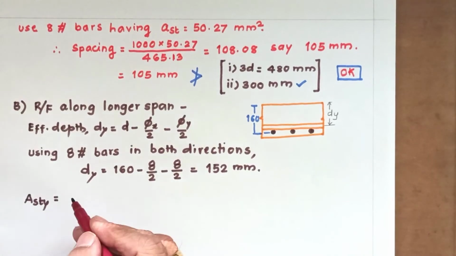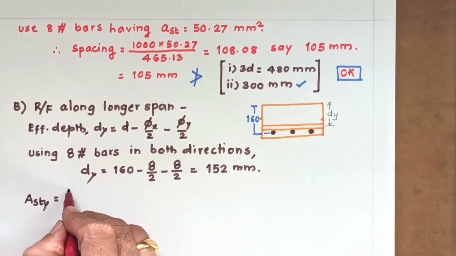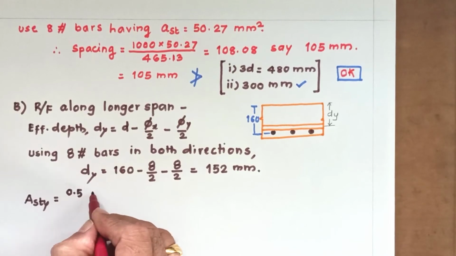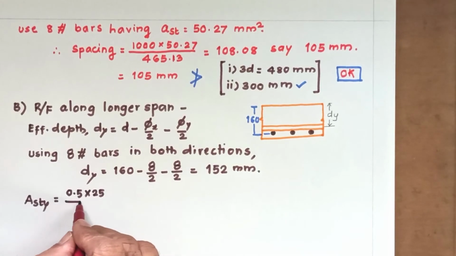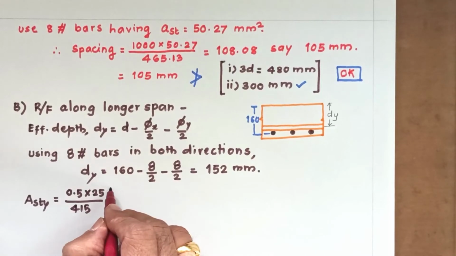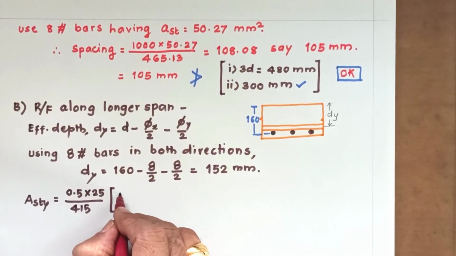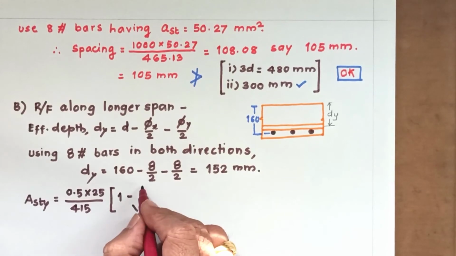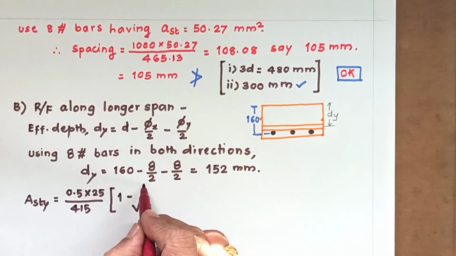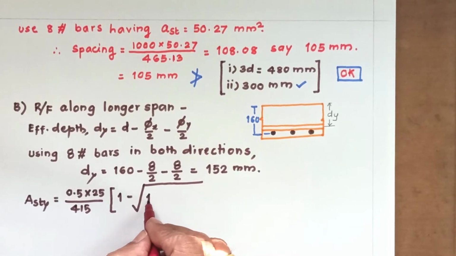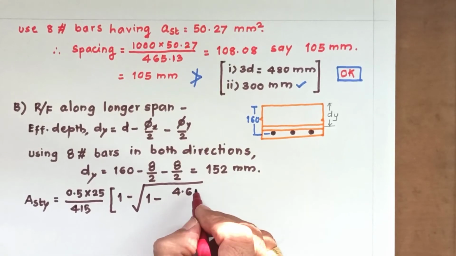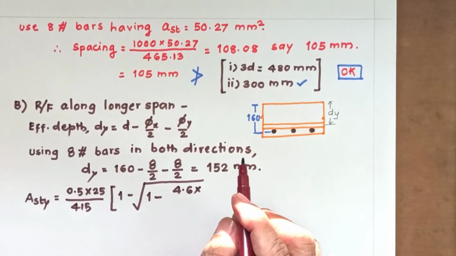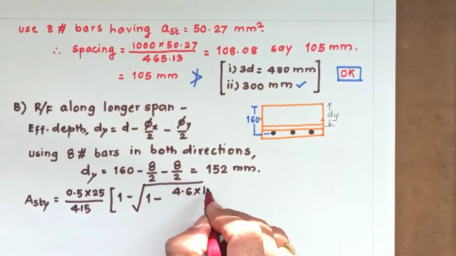I will directly put the values now. 0.5 into FCK upon Fy into bracket 1 minus under root of 1 minus 4.6 Mdy. What is Mdy? We have already calculated it.